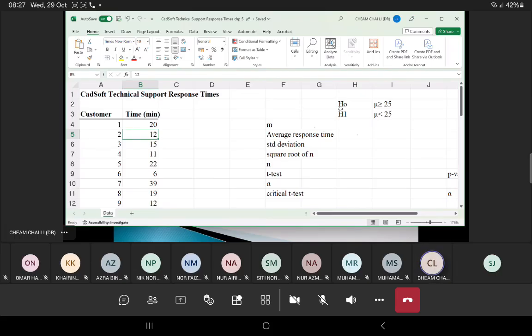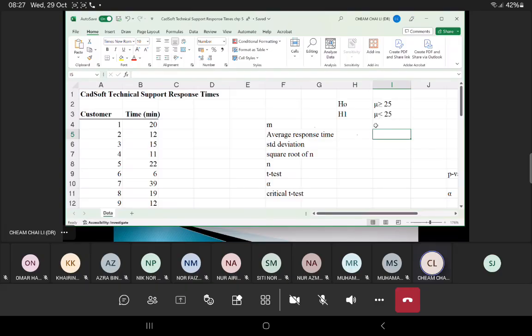Okay, so from the scenario, we have this alternative and null hypothesis. You have this mu, population mean, is greater than or equal to 25, and alternative hypothesis, mu, average response time is less than 25.